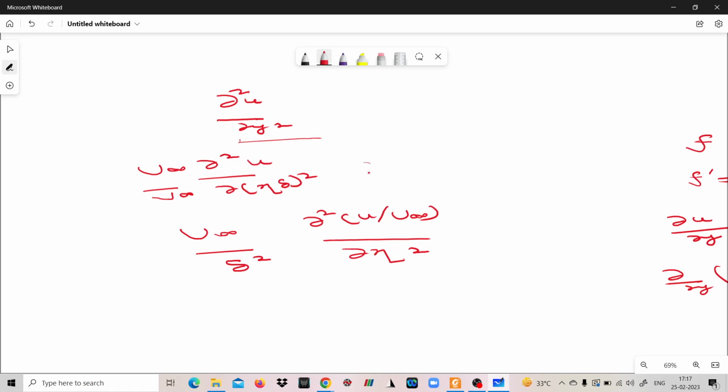If this is equal to 0, then it means that this term is equal to 0.